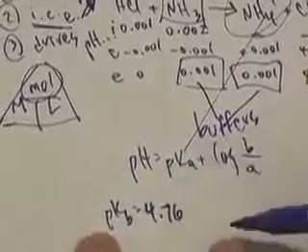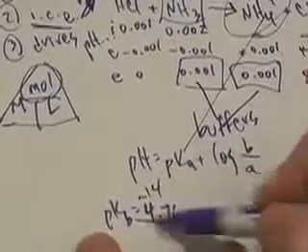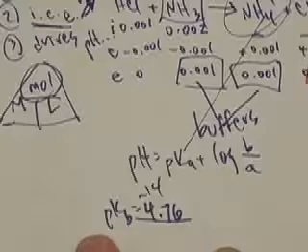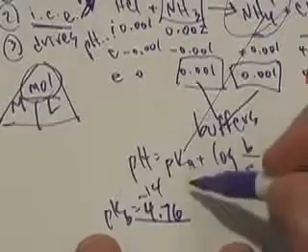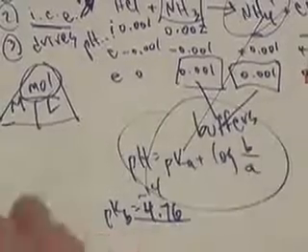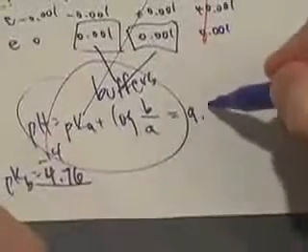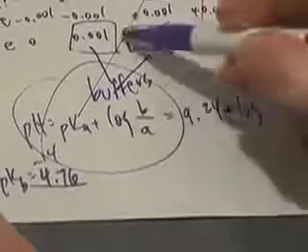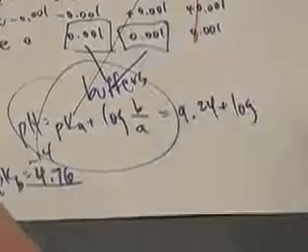Now if we want to find the pKa, of course we subtract that from 14, and 14 minus 4.76 is exactly 9.24. So putting it into the Henderson-Hasselbalch equation now, we have pH is equal to 9.24 plus the log of the base concentration divided by the acid concentration. Now remember, we did add some solutions here.